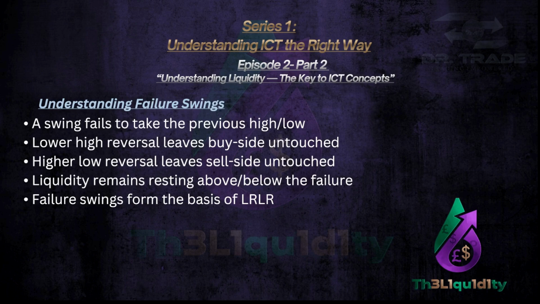Now, the value that this will provide in our financial analysis is that it would provide us with what is called a low resistance liquidity run signature, whereby we have these failure swings and price appears to have reversed and taken the opposing liquidity.